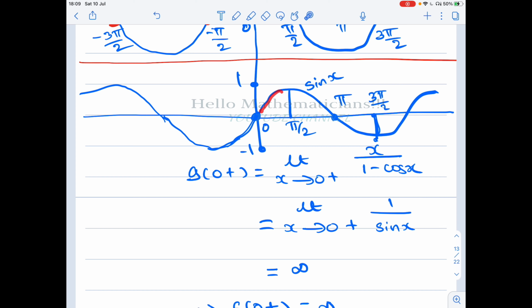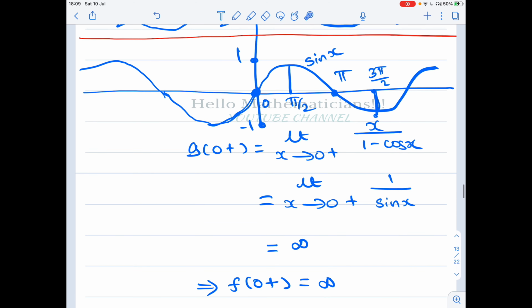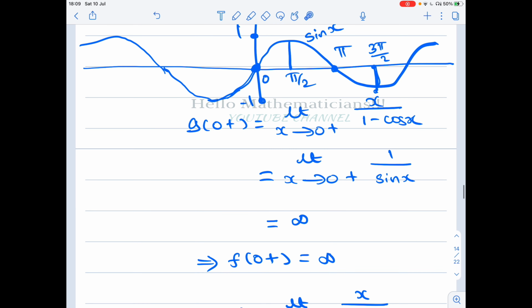So you are getting positive values going to 0. It is like a 1 by n sequence. So the answer is infinity. Therefore we conclude that the right limit of the function g of x at 0 is infinity.